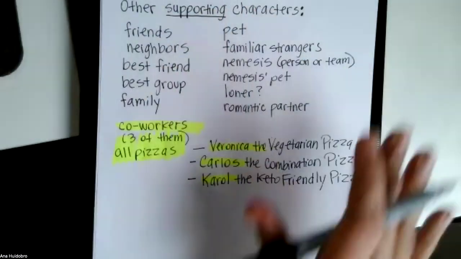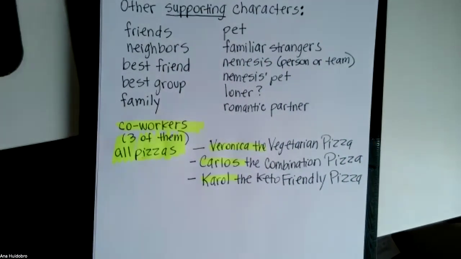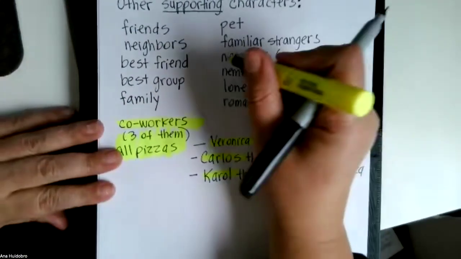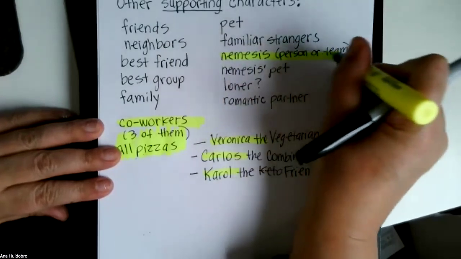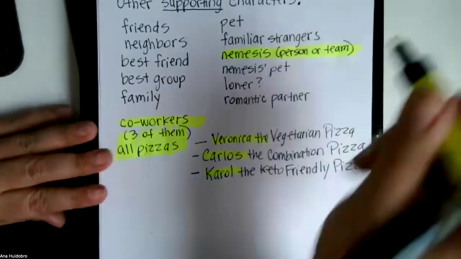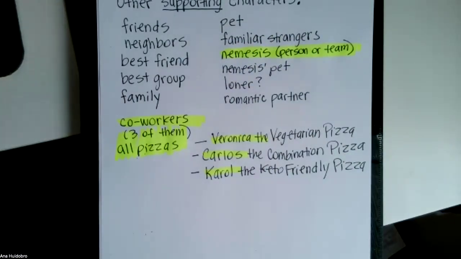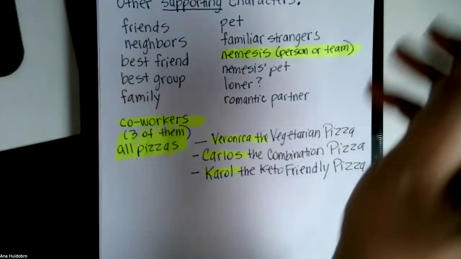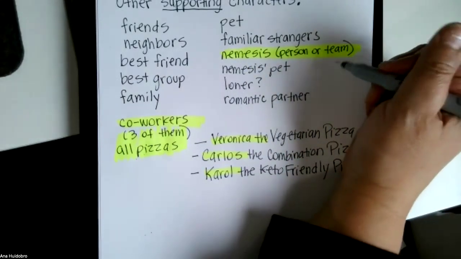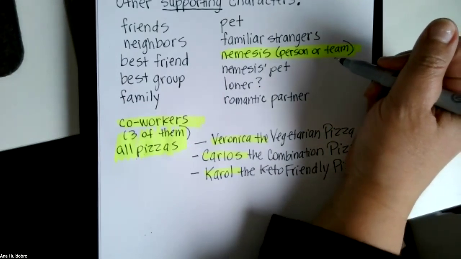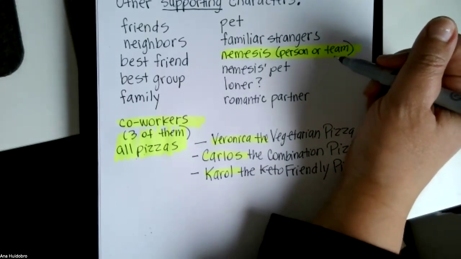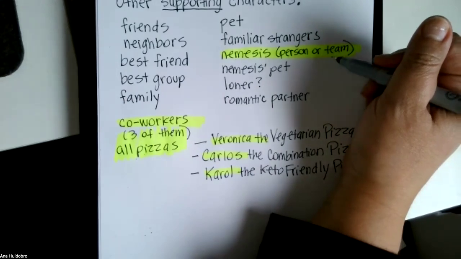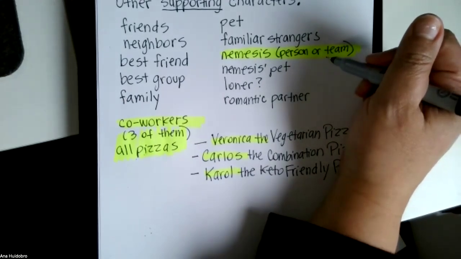So that's going to be my other characters, and they are going to have a nemesis as well. They're going to have a pizza place. I'm not going to say across the street. That kind of reminds me of Bob's Burgers. I'm going to say the nemesis is going to be, let's not even make it pizza. I changed my mind. But why don't we do the natural enemy of pizza, burgers?